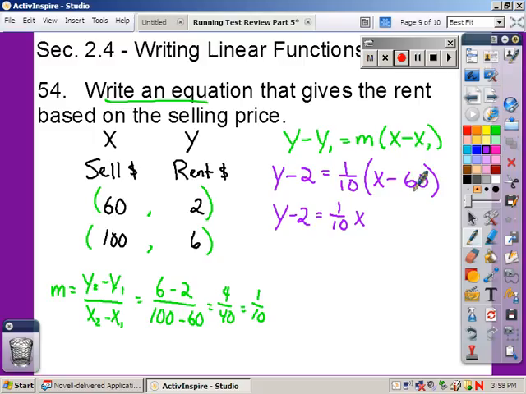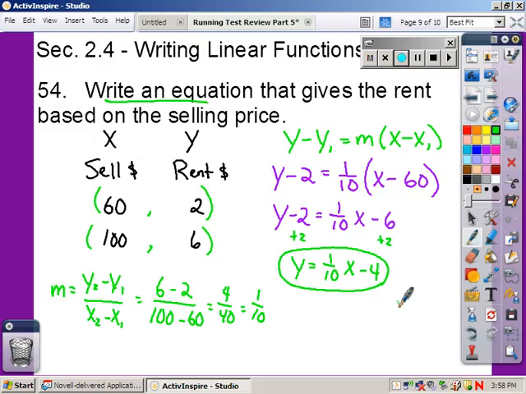And then 1 over 10 times negative 60. That's like saying negative 60 divided by 10. That's negative 6. And finally, one more step. This time I'm going to add 2 to both sides. I'll get y equals 1/10 x minus 4. And that would be your final answer for this problem.